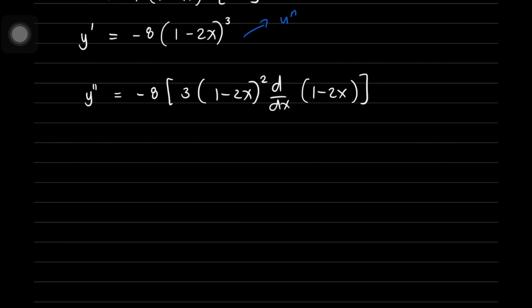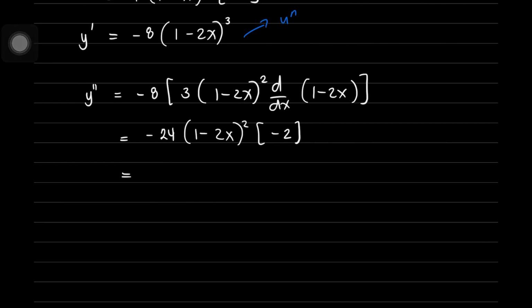So simplifying this, this is now equal to negative 24, I should say, multiplied by 1 minus 2x raised to 2 times the derivative of 1 minus 2x, and the derivative of 1 minus 2x is negative 2.